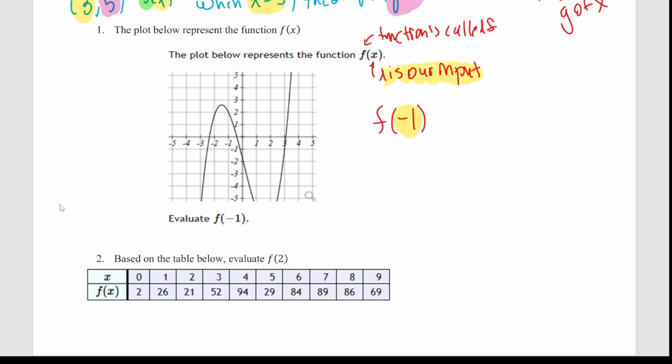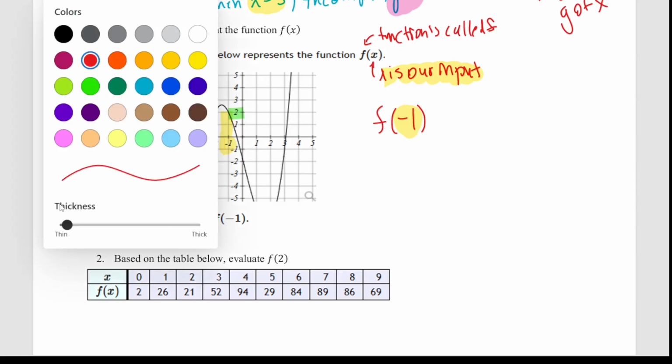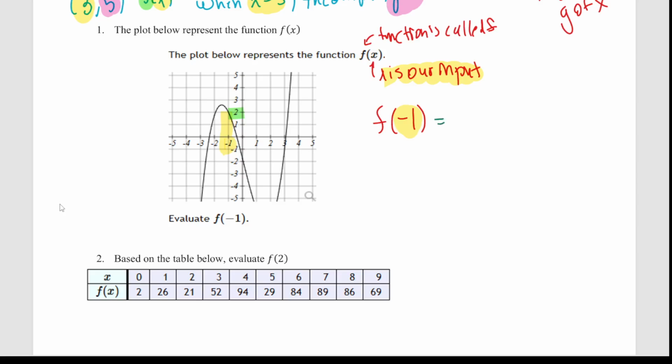So on our graph, I would go over to -1 being the input, trace it up, and then I would trace that over to give us that when x is -1, it looks like y is 2. So that tells us that it equals 2, because when x is negative 1, y is equal to 2. So that actual ordered pair would be negative 1, comma 2.